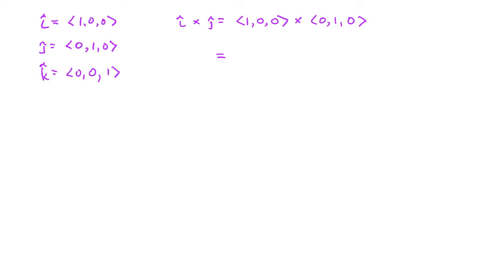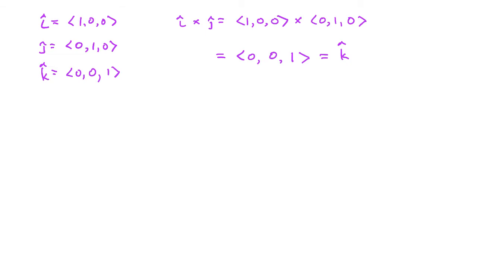And so this will be our second component times our third component minus our third component times our second component. And so we have a component of 0. Our third times our first minus our first times our third also gives us a 0. And then finally, our first times our second gives us a 1, and then minus our second times our first, also giving us a 0. And so sure enough, we end up with 0, 0, 1, or we have our value of k.